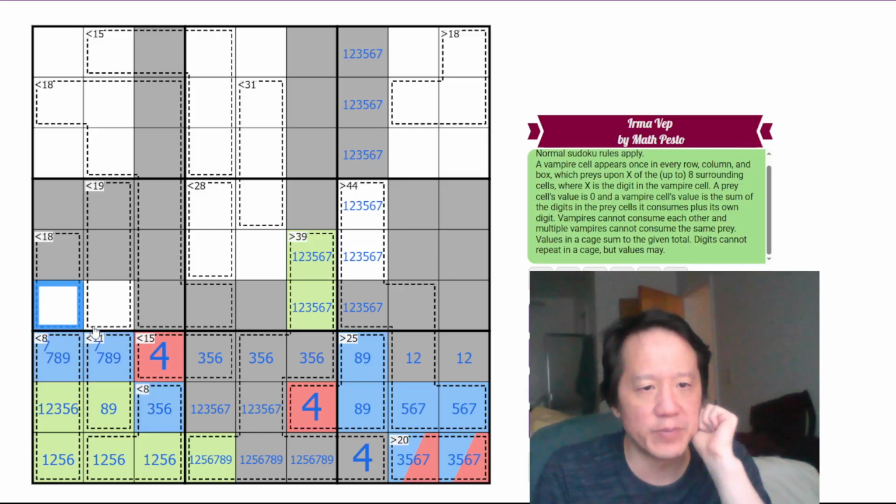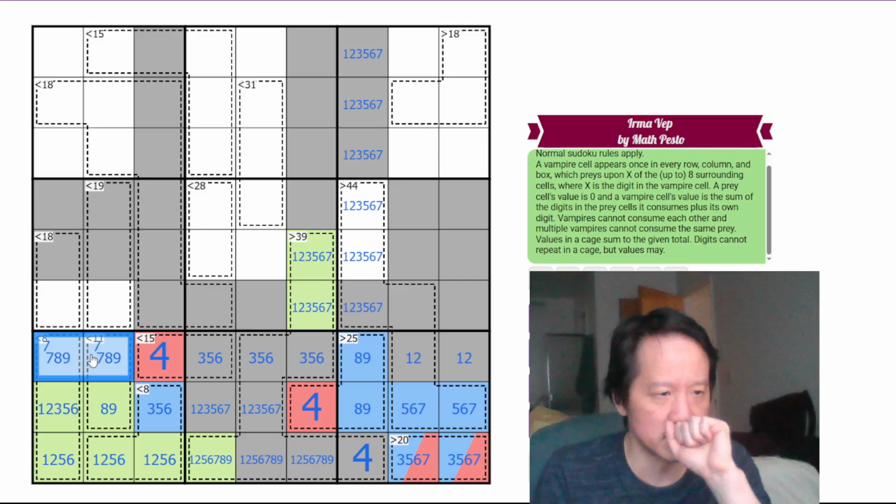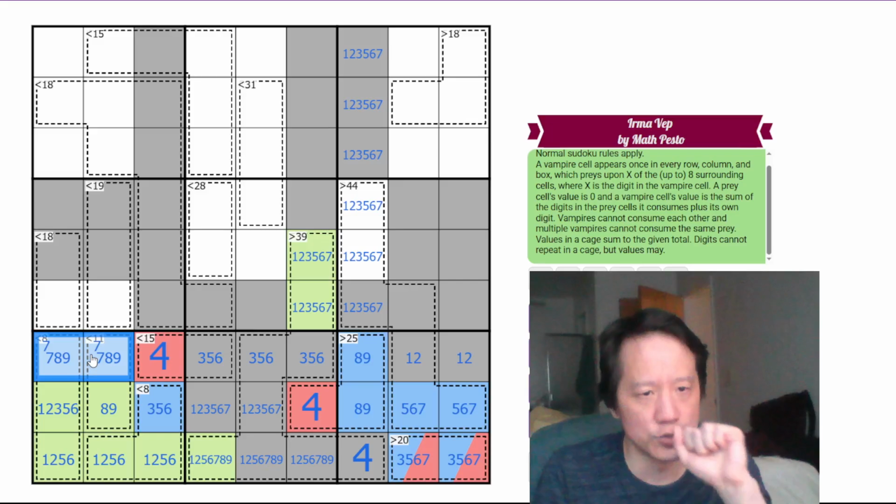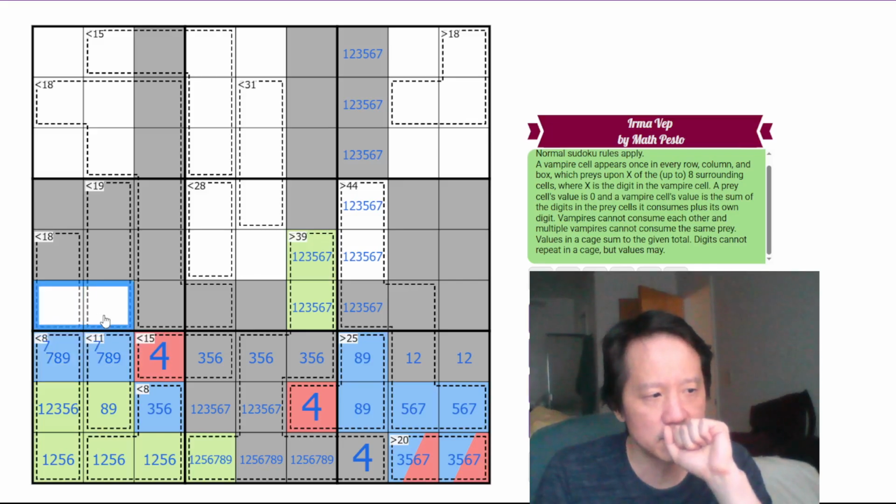If this is the vampire, it pulls from both of these. So it's at least 2. It could be 7 and 8. So either of these could be vampires.